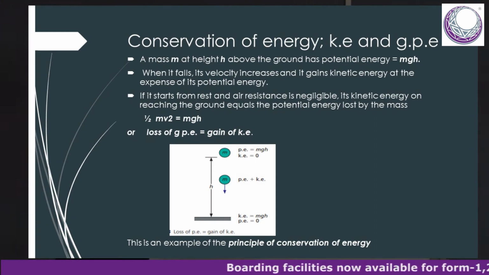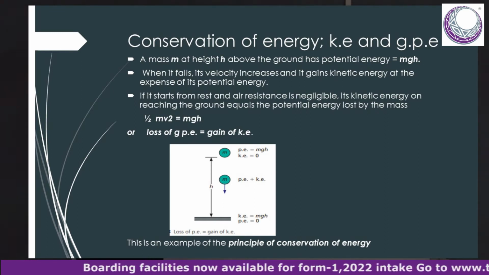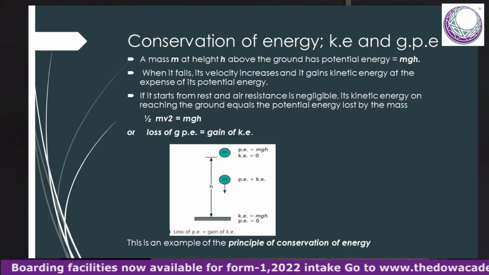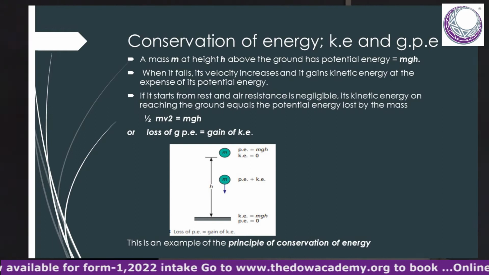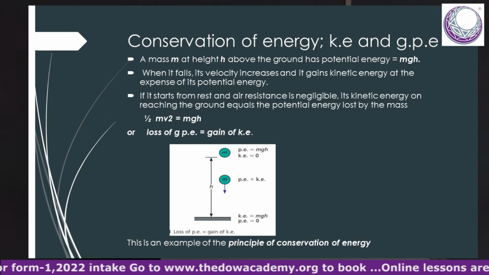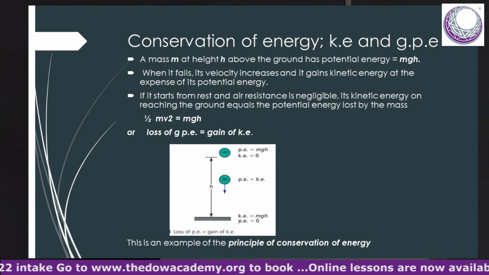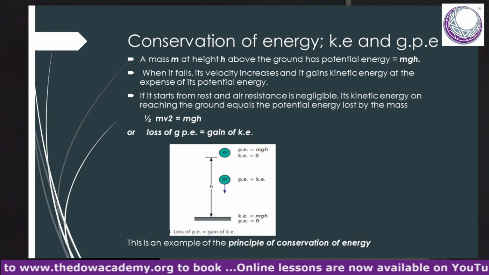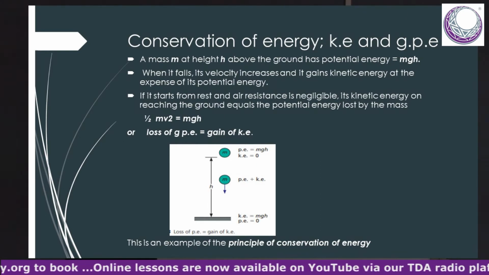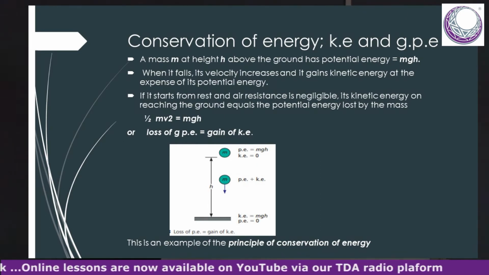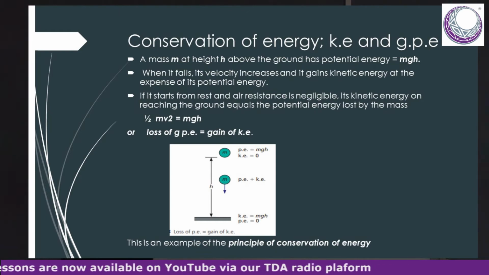Somewhere in the middle of its motion, it has GPE and KE. Because it's above ground, it has GPE. Because it's moving, it has KE. A combination there. So energy has been transferred or converted from mgh, which is GPE, to KE and GPE.